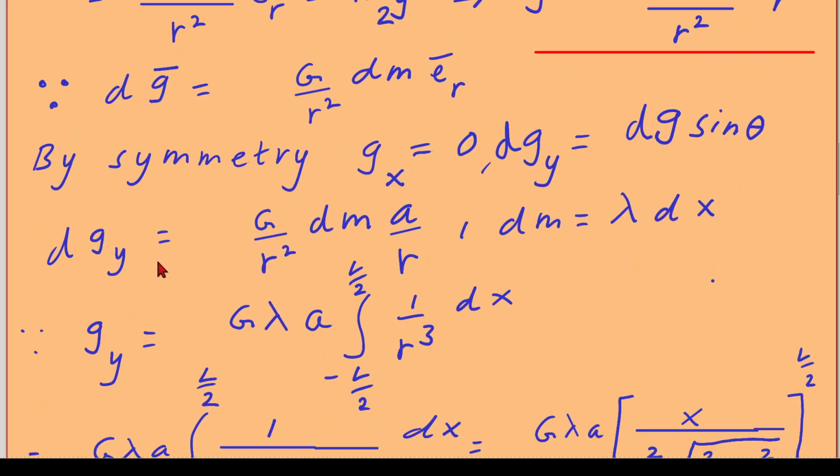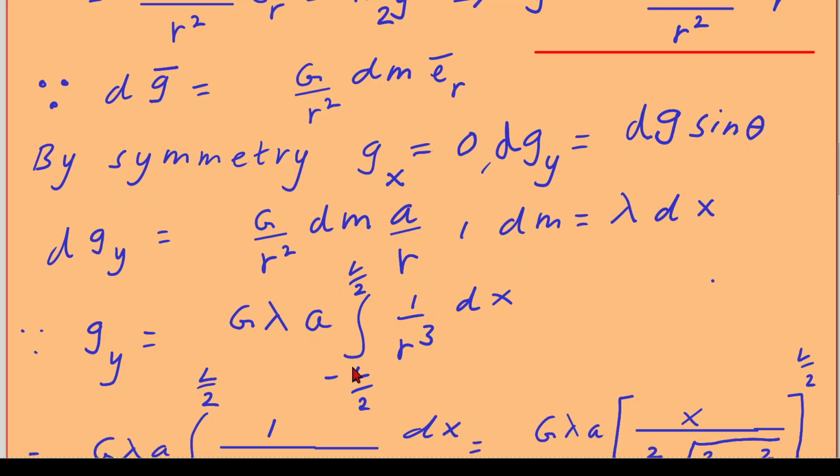And now, in order to sum all those contributions, we integrate, and then you get the total g_y here, and also the integral here, and then get rid of the constants from the integral, G lambda a, and you're left with lambda dx, but the x is still here, and then the r cubed is still here.